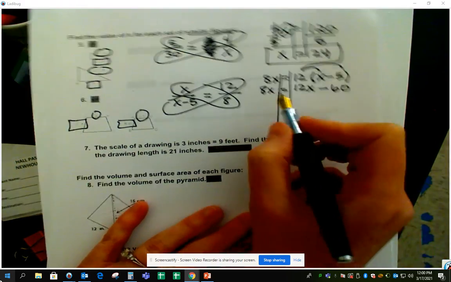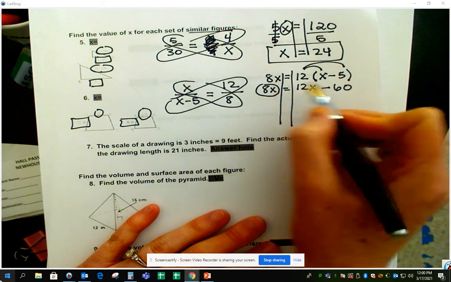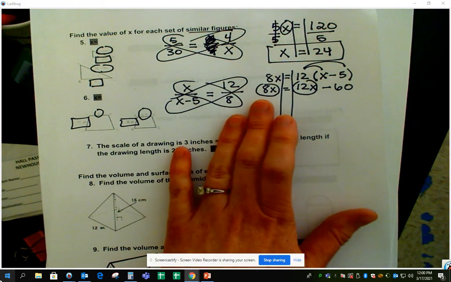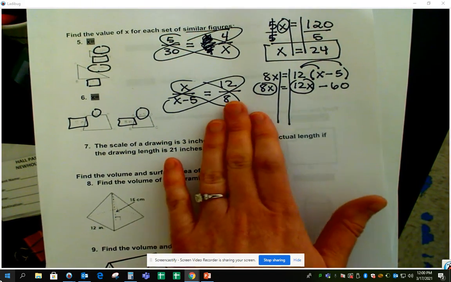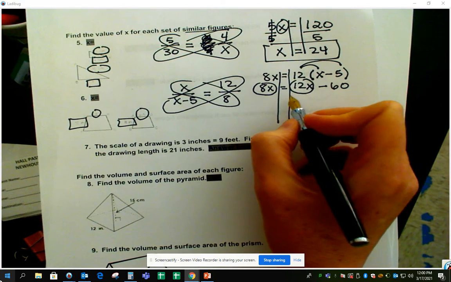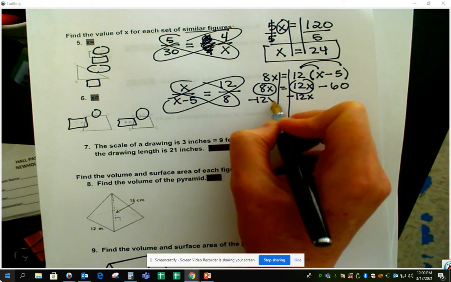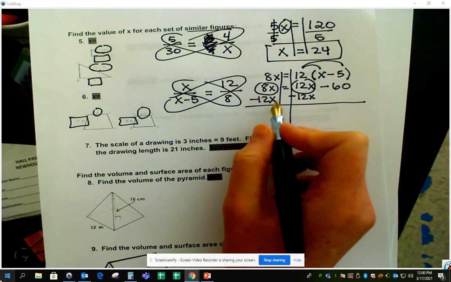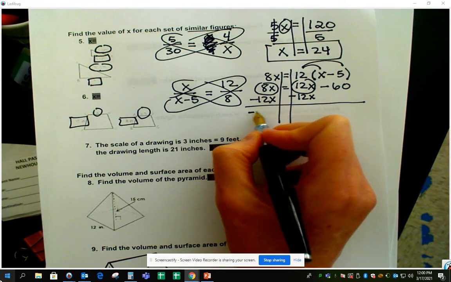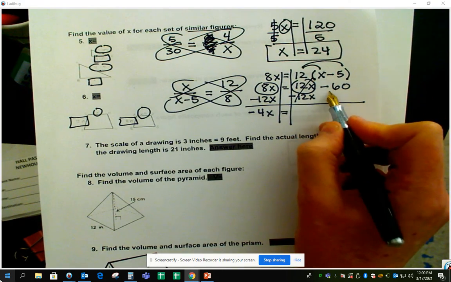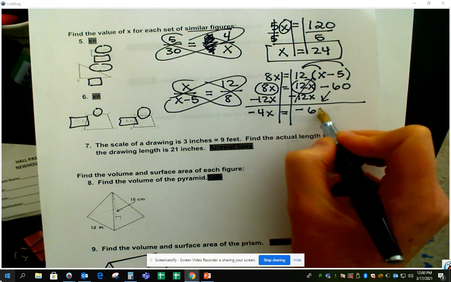All right, now notice I've got an x term on this side and one on this side, so I'm going to need to move them. If I move the 8, I'm going to end up with nothing over here. I think I'm going to move the 12, so I'm going to subtract 12x from both sides. And I'll get a negative number, but that's okay. So negative 4x equals, these will cancel, and this comes down, negative 60.